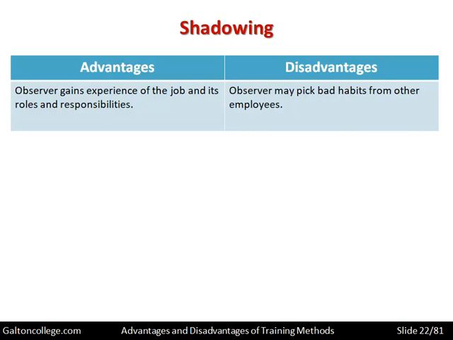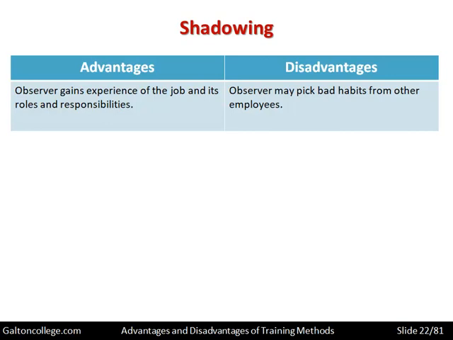They're getting an insight into the job and its roles and its responsibilities, and indeed even its manner and its way of emerging. In other words, the different techniques that are required, the different processes that have to be undertaken until the job comes to fruition, comes to the end.